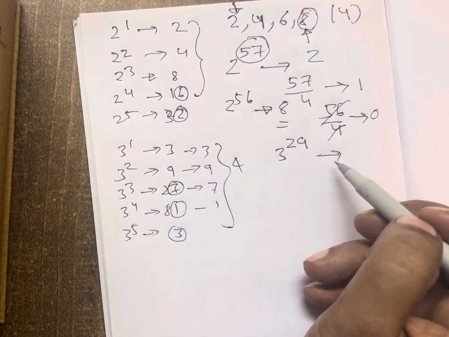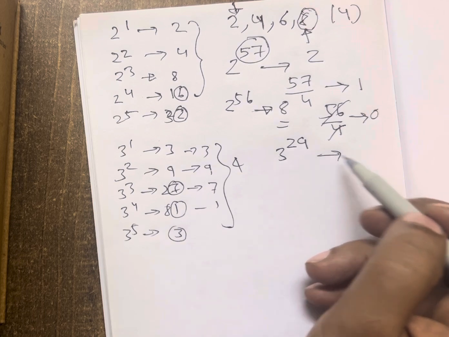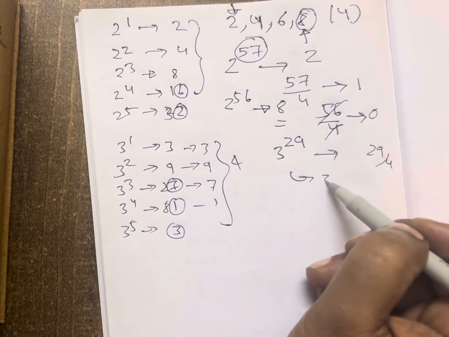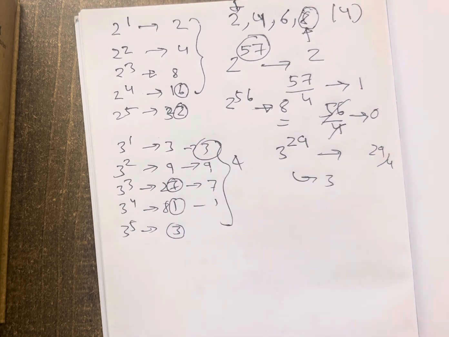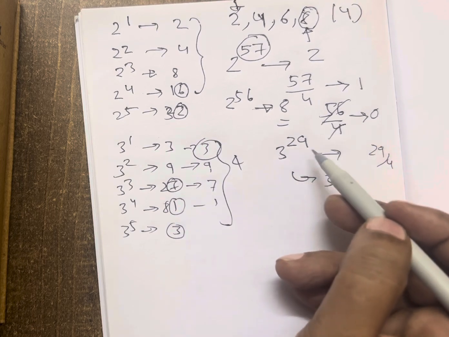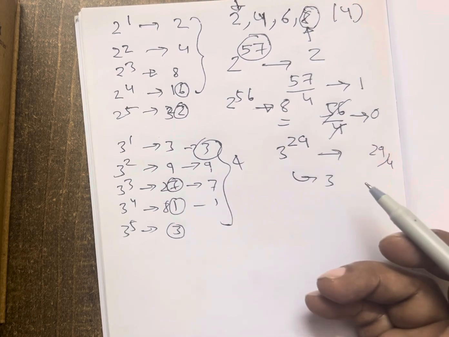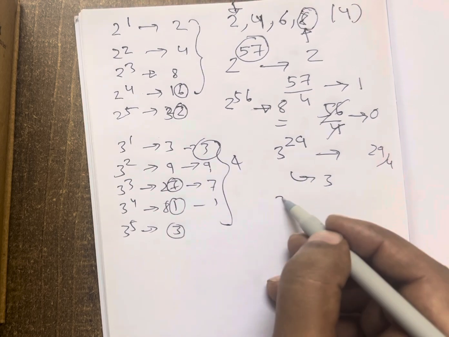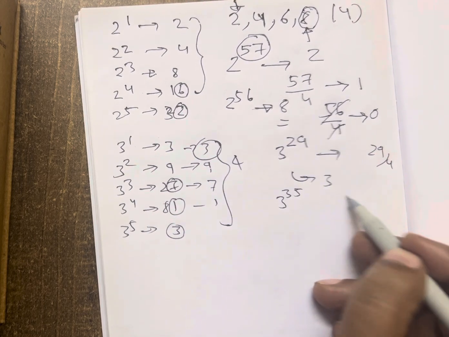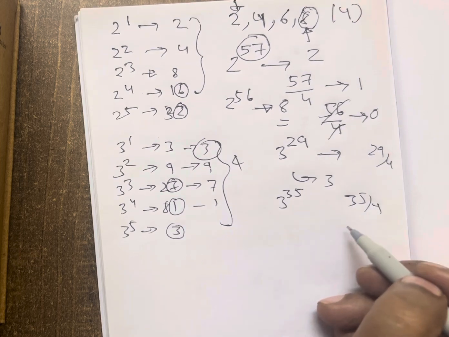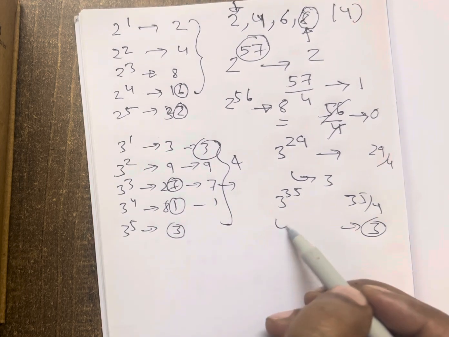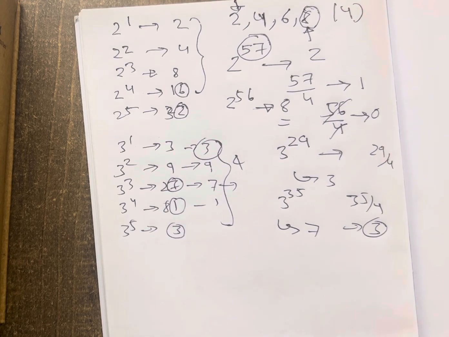Divide 29 by 4: 4 times 7 is 28, so the remainder is 1, and the last digit will be 3. Now try 3 to the power 35. Dividing 35 by 4 gives remainder 3, so the last digit will be 7. Very useful principle.